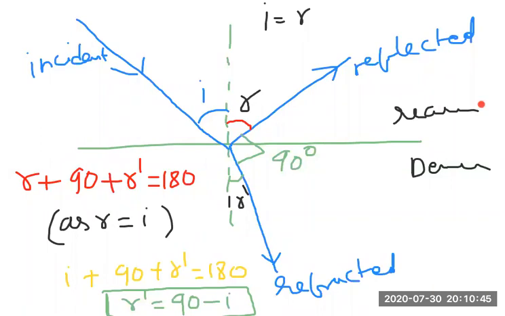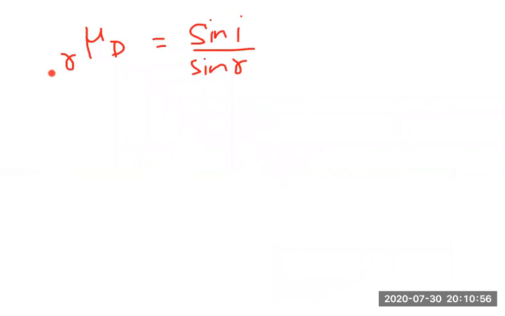Rarer, the first one, to denser down here. So rarer to denser the ray is coming. So we have to write mu d with respect to R, the denser medium with respect to the rarer medium, is equal to sin I by sin R. Here we have to write not R, but R dash, because the refracted angle is R dash.